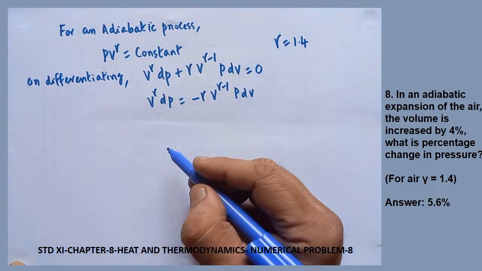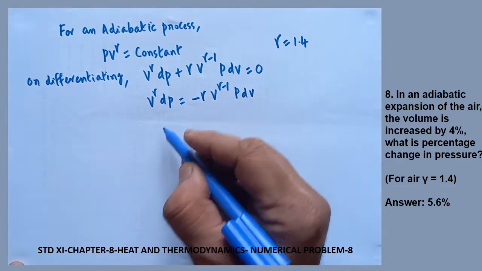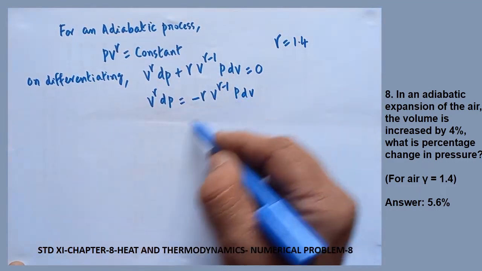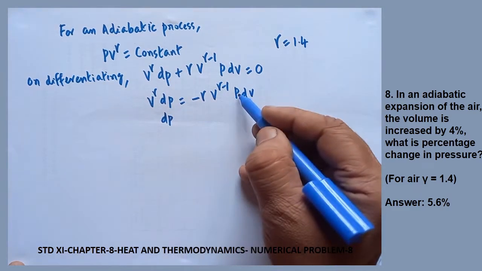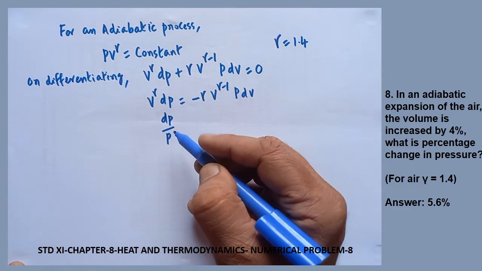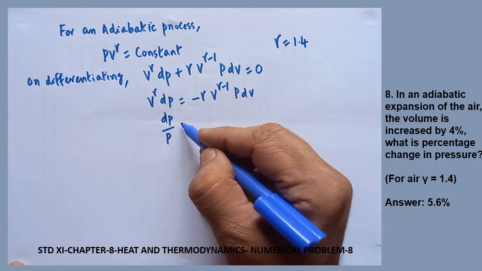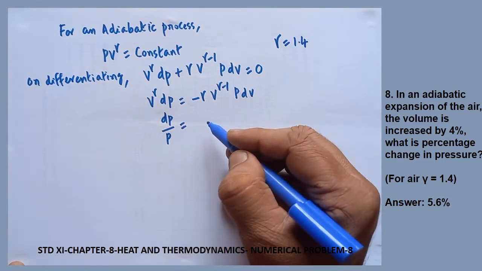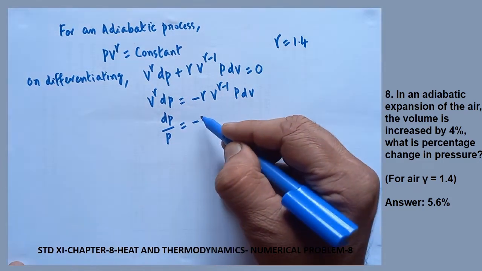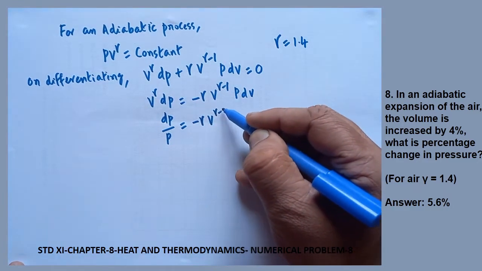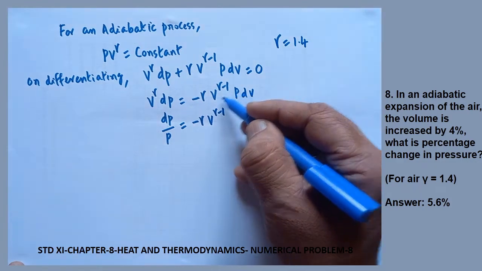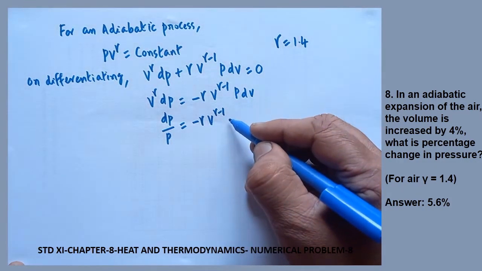In the next step, keep dP on one side. This dP and P can be brought down. Keep dP on one side and P can be brought to this side. So, what is the remaining factor? The remaining factor would be minus gamma V gamma minus 1, P was already brought to this side, dV is there.